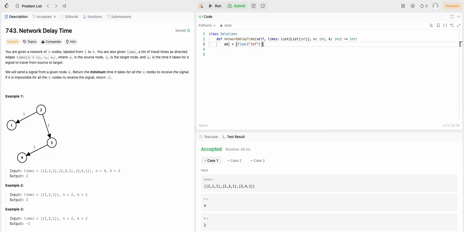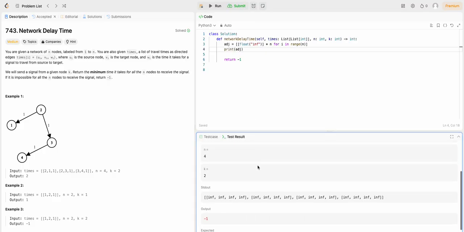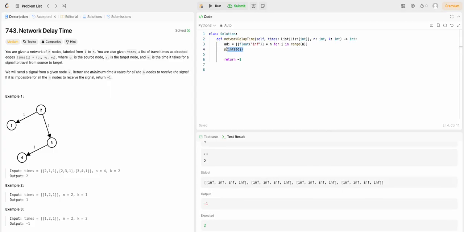Yeah, we have float of infinity, and we want to repeat this n times, for i in range of n. So that should create an adjacency matrix. We can check that by printing it out. Let's see. We can see that it printed out the matrix.